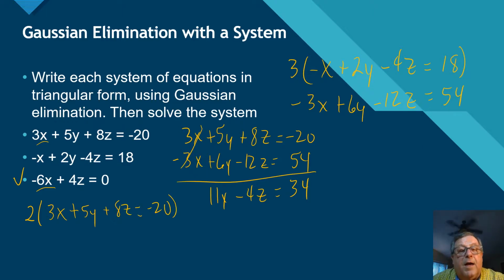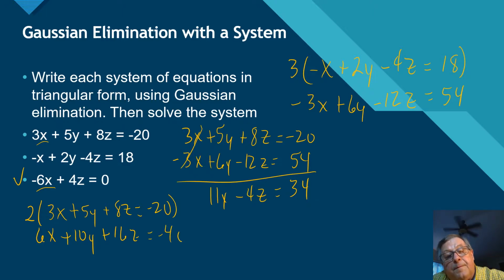Multiplying that entire equation by 2, we get 6x plus 10y plus 16z, and 2 times negative 20 equals negative 40.